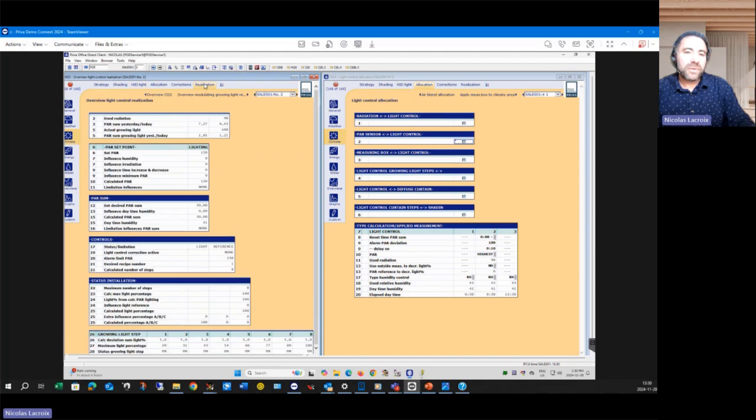If we go to the realization, the actual growing light calculated is 100, and my use radiation is 98. So I'm a bit below. It's almost the same. Normally you would see the influence light reference here that could dim the light if the difference between them was too big.